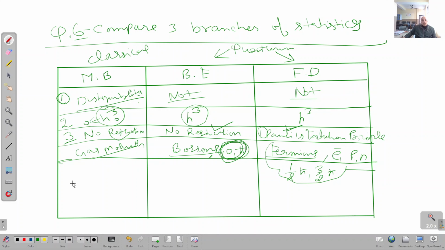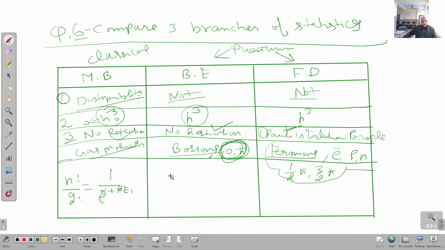Now, if I talk about the occupation index, Ni upon Gi, we have also derived the expression for all these three types of statistics. It is 1 upon e raised to power alpha plus beta Ei. This is the occupation index, your distribution law, in case of Maxwell-Boltzmann statistics.